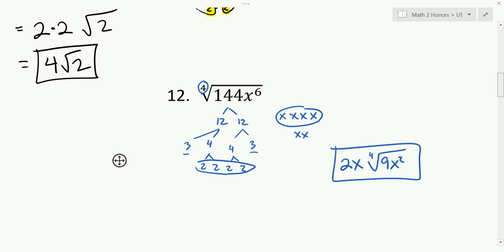So you're asking why didn't I pull out the 3's? Why not? Because I don't have 4 of them. I only have 2 of them this time. And I need 4 because the index is 4. Now if it was square root, then I could. But because it's 4th root, I have to have 4 things. Pull that out. Okay.